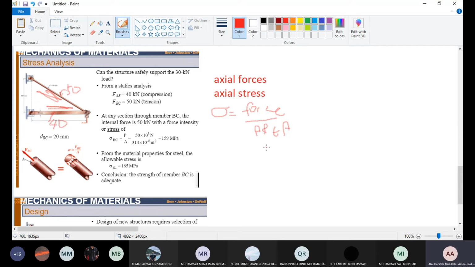So let's skip how to calculate the area. Just accept what has given here is this value here.